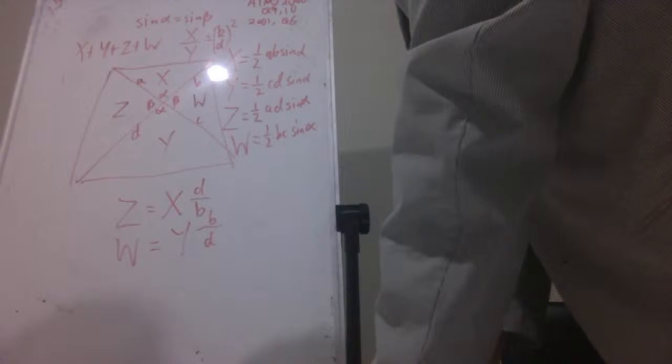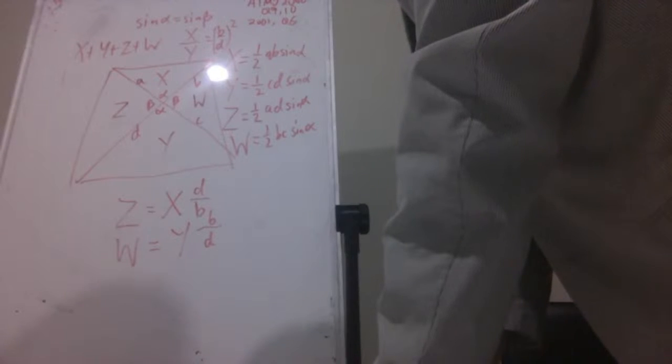I tried to prove that z and w are congruent. Oh no, I don't think they are congruent. They're the same area, but they don't have to be congruent, I don't think.